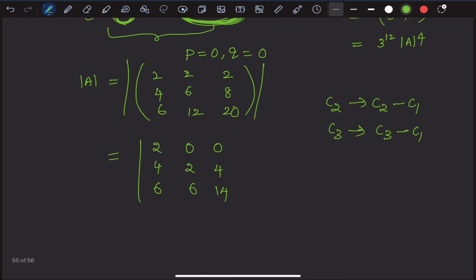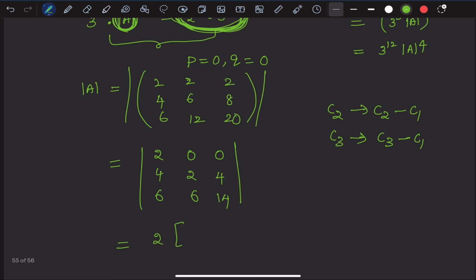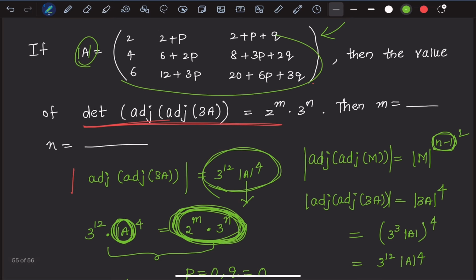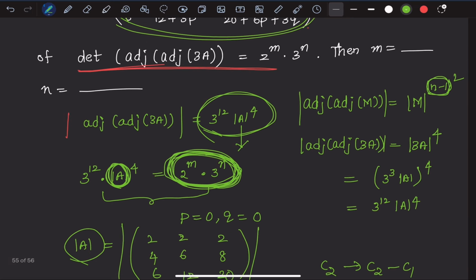Now let us evaluate the value of the determinant. It is simply 2 multiplied by (14 2s are 28 minus 6 4s are 24). So this is 2 multiplied by 4, which is 8, which is 2 cube. So det A is simply 2 cube. Even if you expand all of this, you will get det A equal to 2 cube.